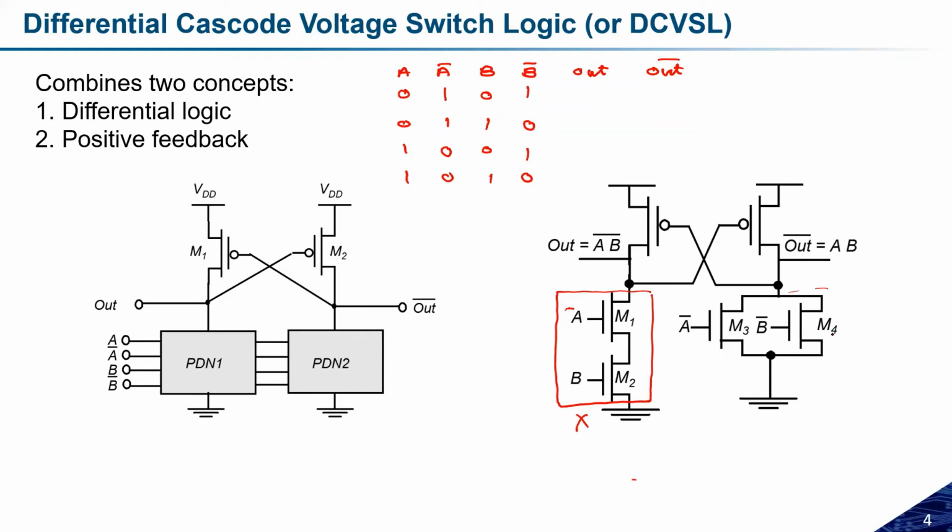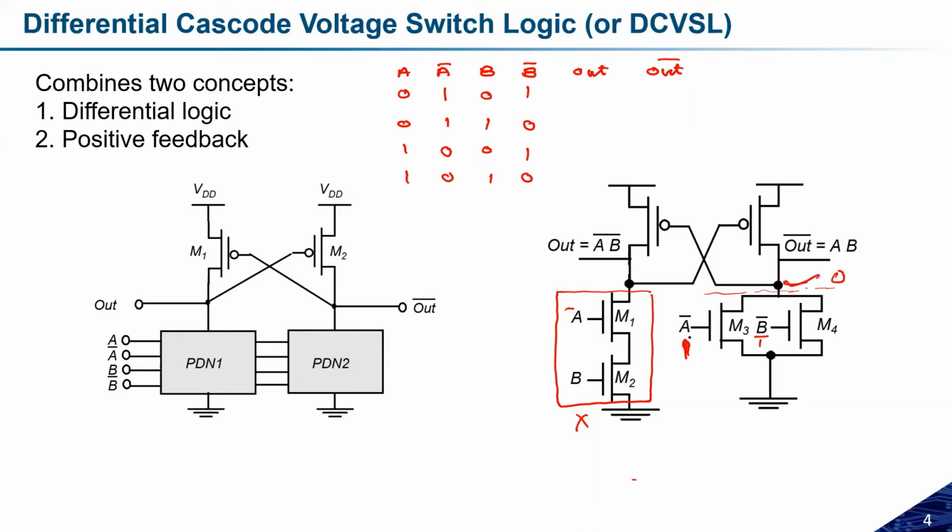Let us talk about this one. If A bar is 1 or B bar is 1, then this node will be logic 0.